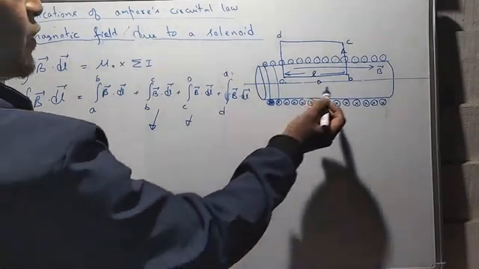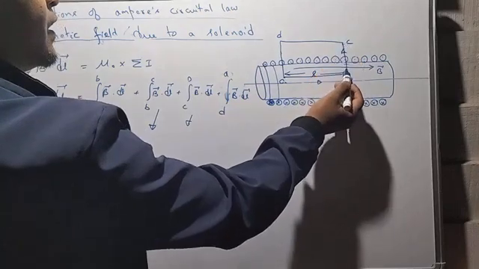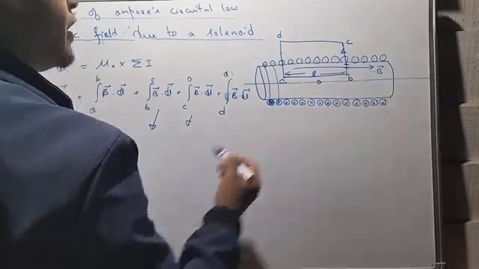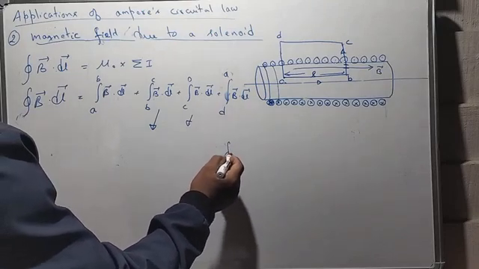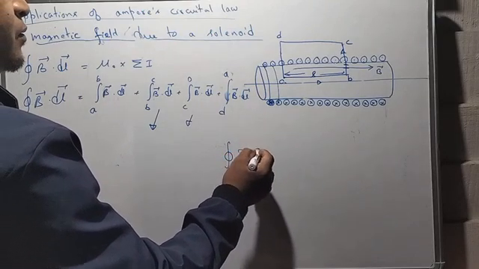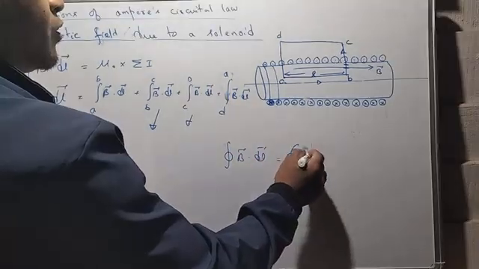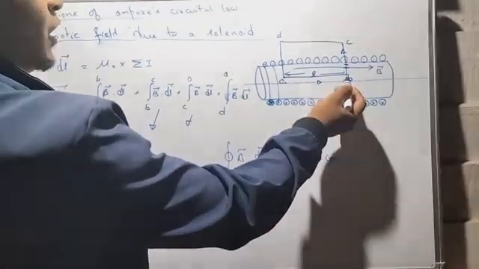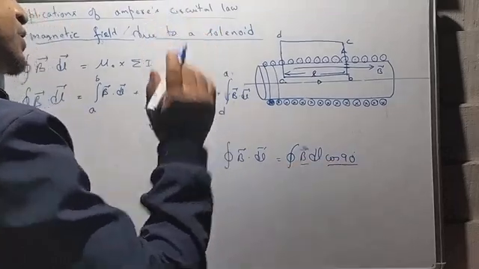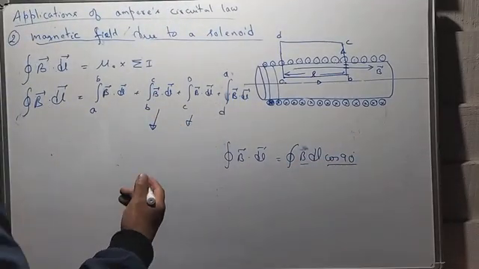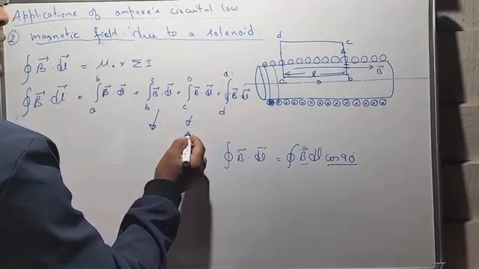So if you consider a small length dl over side BC, the angle between dl and the magnetic field will be 90 degrees. As you know, B dot dl means B dl cos theta. But along the path BC, theta is 90 degrees, so cos 90 is 0, so everything will be 0.